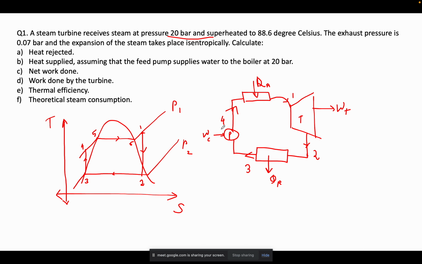Now what are the things that are given to us? We are given pressure P1, which is equal to 20 bar, but we are not given the temperature T1. It is only saying that it is superheated to 88.6 degrees Celsius, which means the degree of superheat is given to us.